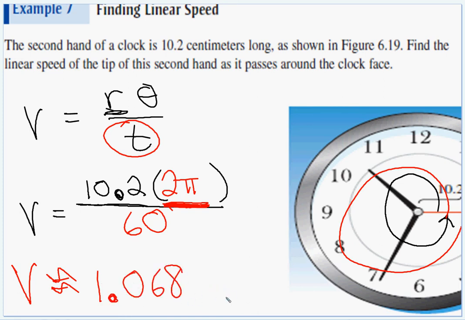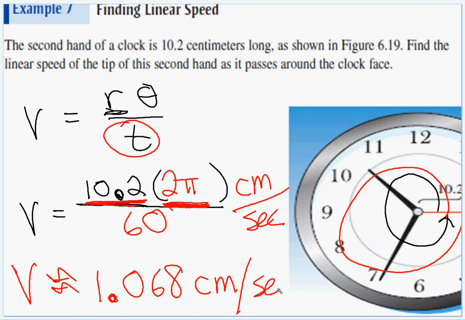Now let's figure out our units. Our length in the numerator was centimeters, 10.2 centimeters. Down here, our time unit, since we chose 60, is seconds. So when we do that division, it's going to be numerator units per denominator units: 1.068 centimeters per second.